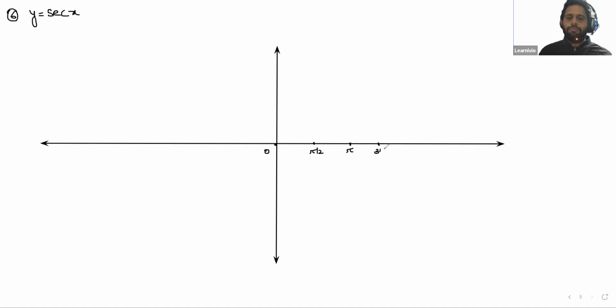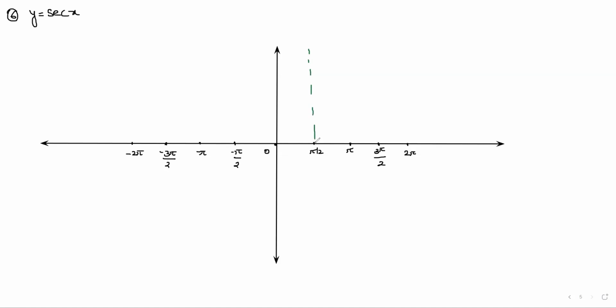Okay. So this is 3 pi by 2. So we will draw the line where this does not exist. So that is for pi by 2, then 3 pi by 2.